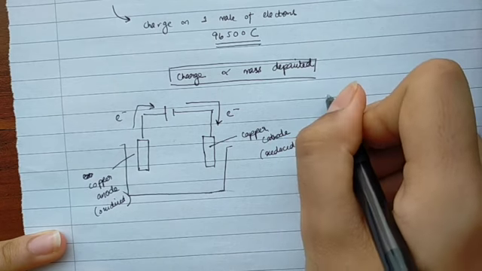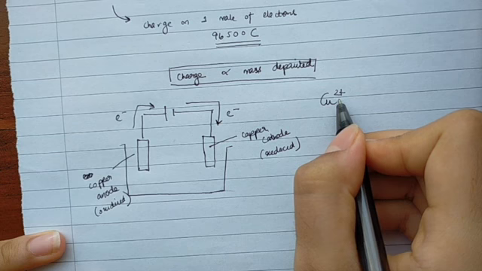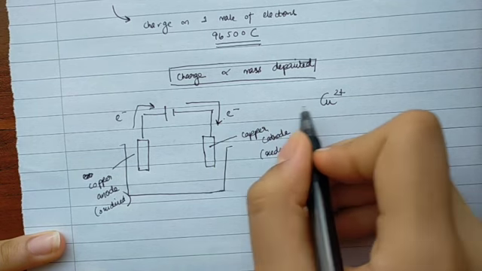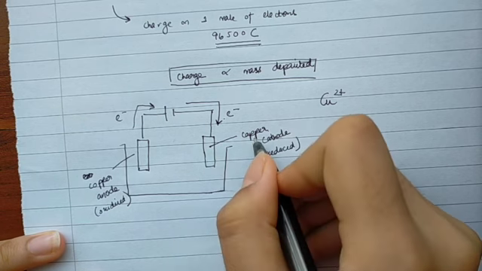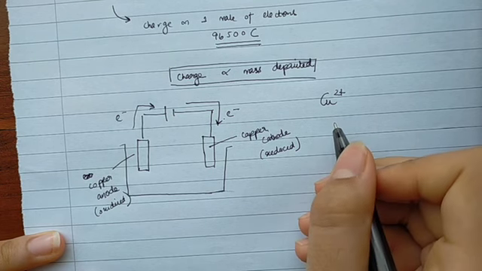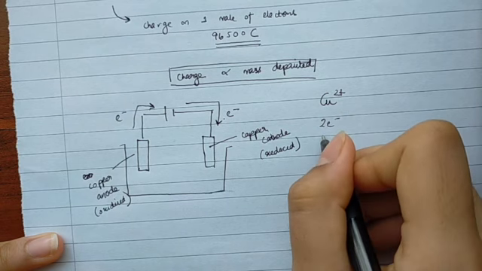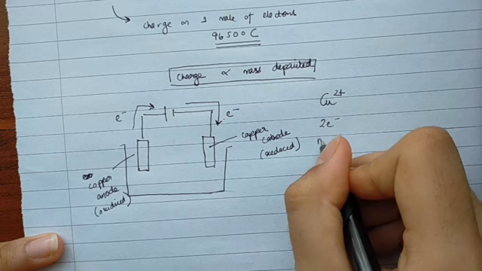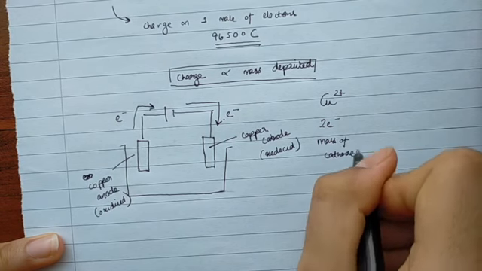So since the ion of copper is Cu2+, copper needs to take 2 electrons from the battery. When these 2 electrons go into the copper cathode from the battery, the copper ion is discharged and the cathode's mass increases. So 2 electrons are taken away, the copper ion is discharged, so the mass of cathode increases.